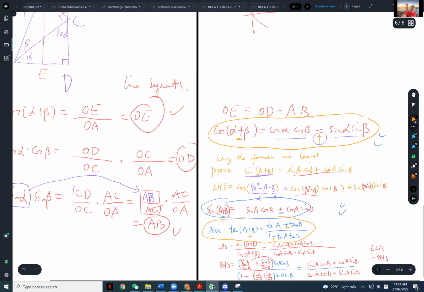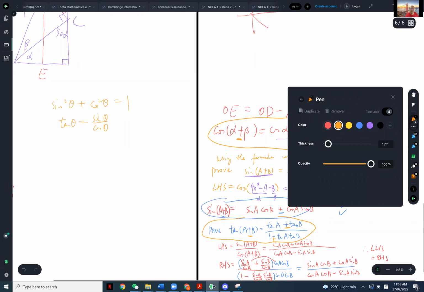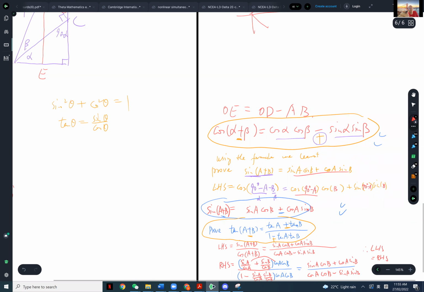Double check what we proved today. We proved sine squared plus cos squared equals 1. That's last year. Tan theta equals sine theta over cos theta. For this year, you need to memorize our formulas. 1 plus tan squared equals secant squared. 1 plus cot squared equals cosecant squared.